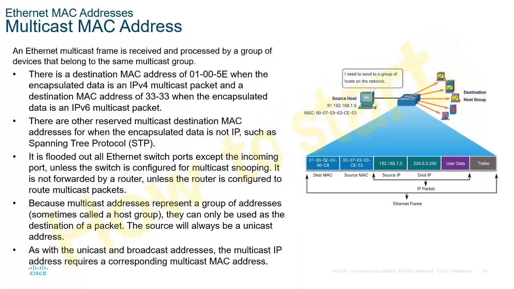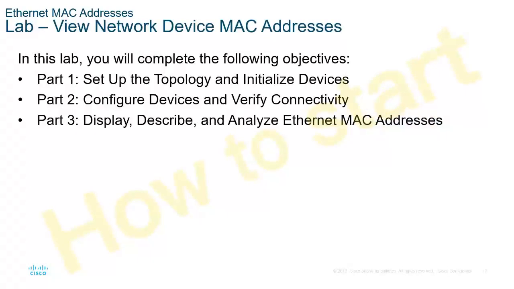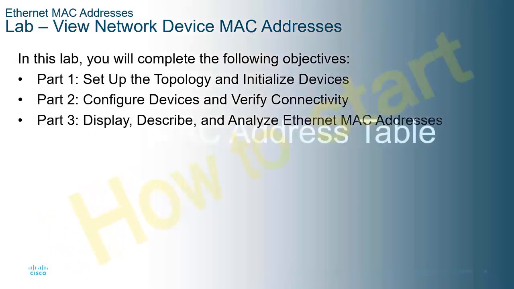I can send that to a specific group, and only those devices that have that resource running, identified by our multicast address group, would actually receive that frame. So unicast is 1-to-1, broadcast is 1 to everyone, multicast is 1 to some, or 1 to a group. Again, we have a lab, which we are doing in separate videos.